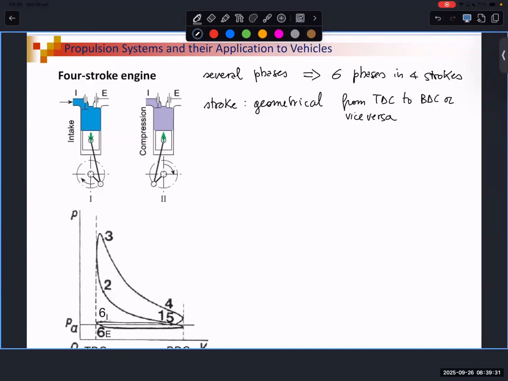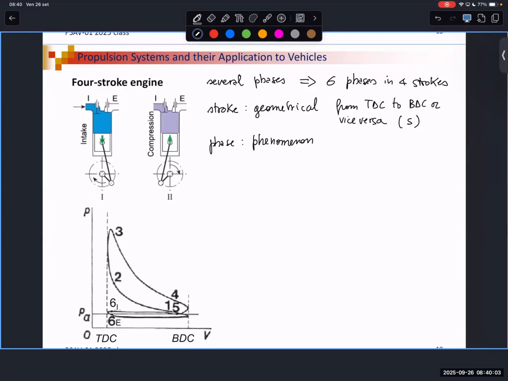Stroke means that we have a movement of the piston over a distance that is called the stroke. The phase relates to different phenomena that are occurring inside the engine, and we will distinguish among different phases. Here the phases are indicated with Roman numbers.